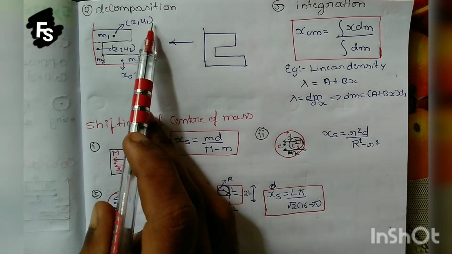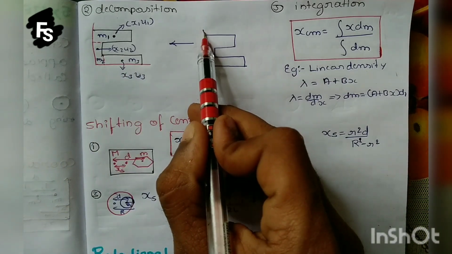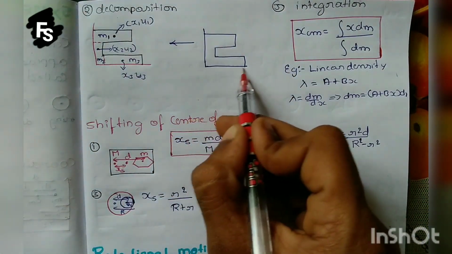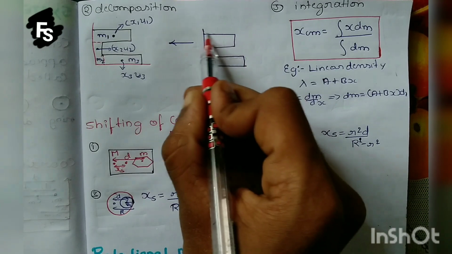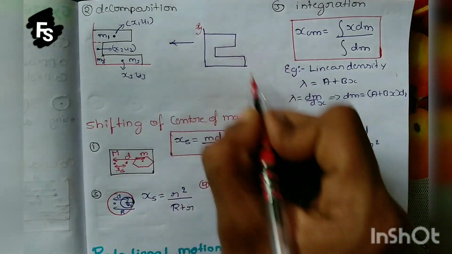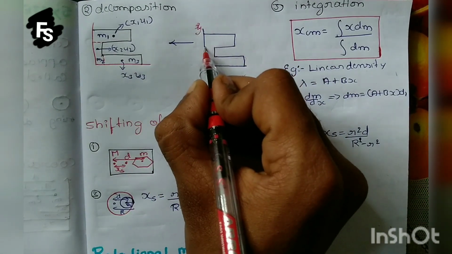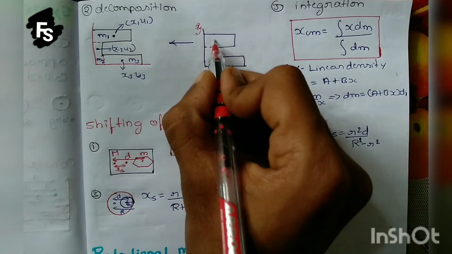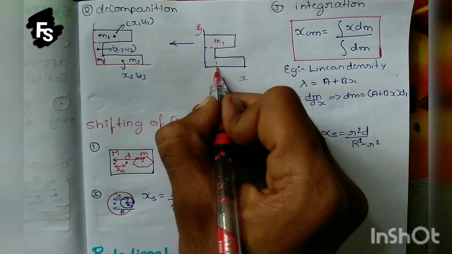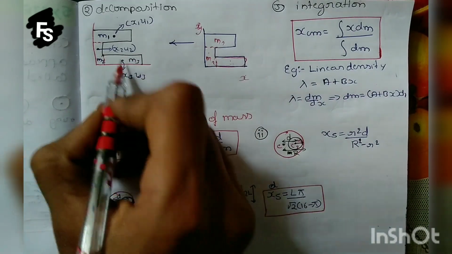Next method is decomposition method. Here, in the decomposition method, if they give a diagram in the question with axes, this is x, this is y. First, you have to divide this into 3 masses. Here, this is one mass m1, this is m2 and this is m3.